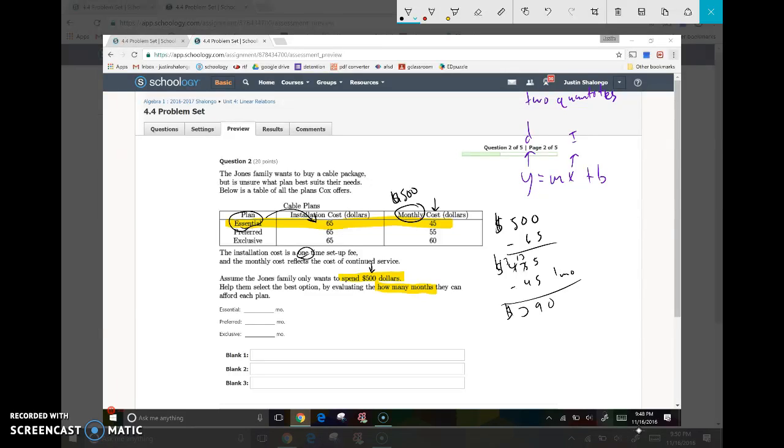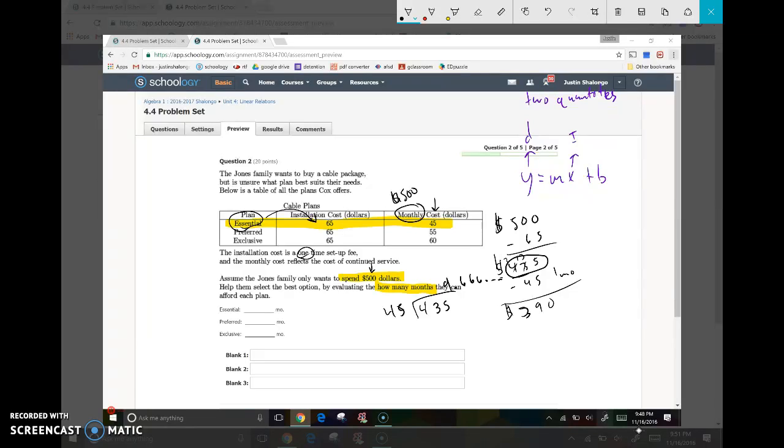And we can continue this process of subtracting 45 until we can't subtract 45 anymore. Well, that process is going to take us a long time. We know that we have $435, and we know that it's $45 a month. So what we can do is divide 45 into 435 and see how many times it goes. So I'm going to use a calculator to do this, and what I end up getting is 9.666 repeated all the way.